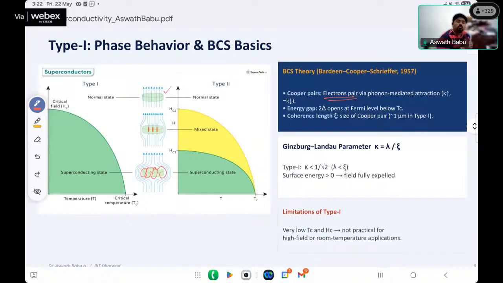The electrons are put into a field distribution in such a way that, earlier, electrons were repelling each other and traveling on their own, far from each other. Because of these phonon vibrations, some kind of field distribution is created in such a way that the electrons are made to travel together.